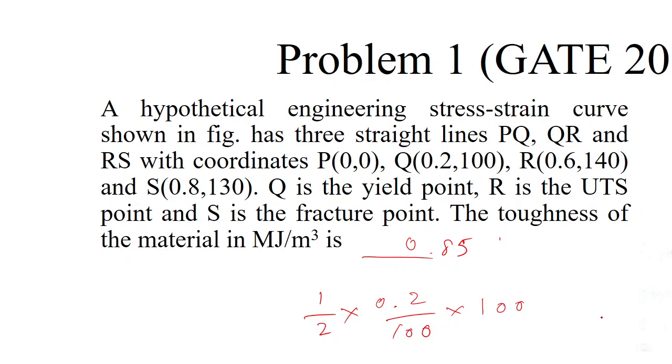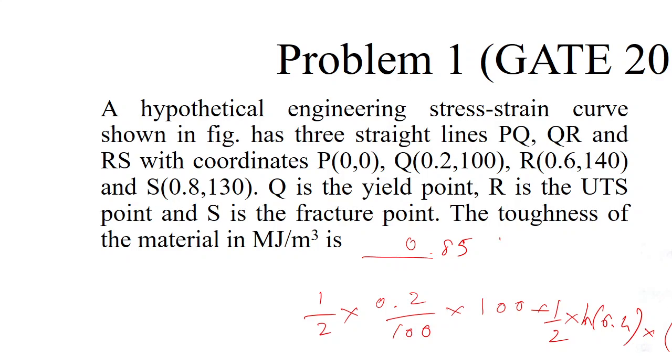Similarly, you have to do it for the trapezium, which is half into h into a plus b. So h will be around 0.4 into a plus b will be around 100 and 140.